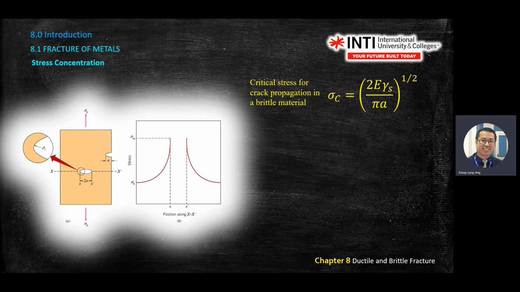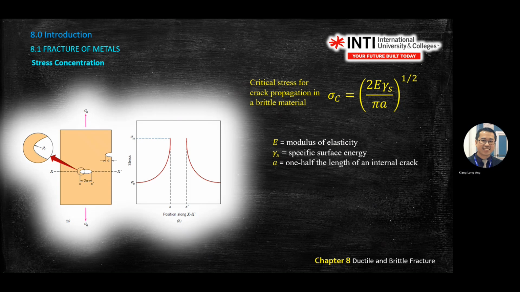Next equation for today, I think the second one for today, is the critical stress for crack propagation. This one is for brittle material. It is given by critical stress equal to the square root of 2E gamma, E the Young's modulus, and gamma divided by pi A. This symbol is the specific surface energy.